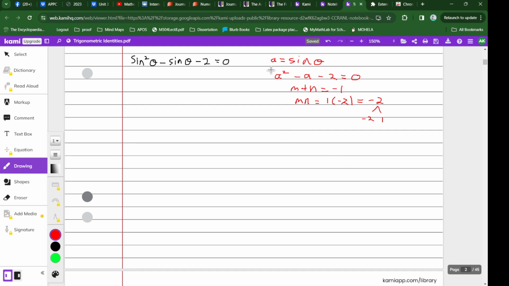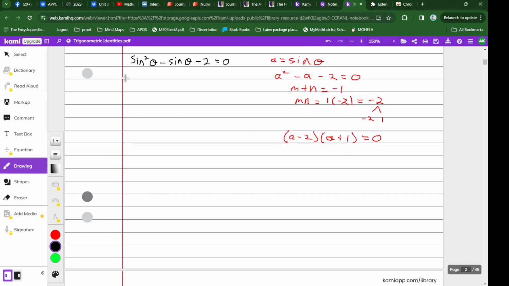And because of the fact that there is a 1 in front of my a squared, this factors out to a minus 2, a plus 1. And of course, that's going to be equals 0. So, now let's go back over to the actual problem we're trying to answer.